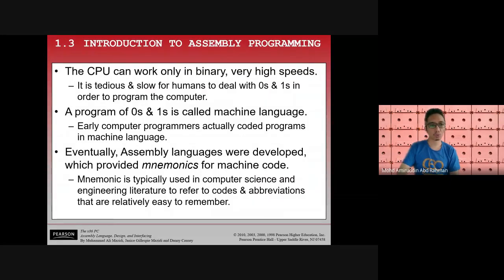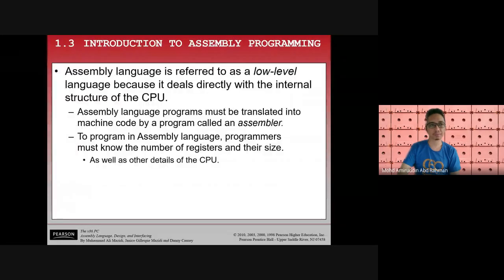The mnemonic is typically used in computer science and engineering literature to refer to codes and abbreviations that are relatively easy to remember. The assembly language is referred to as a low-level language because it deals directly with the internal structure of the CPU.